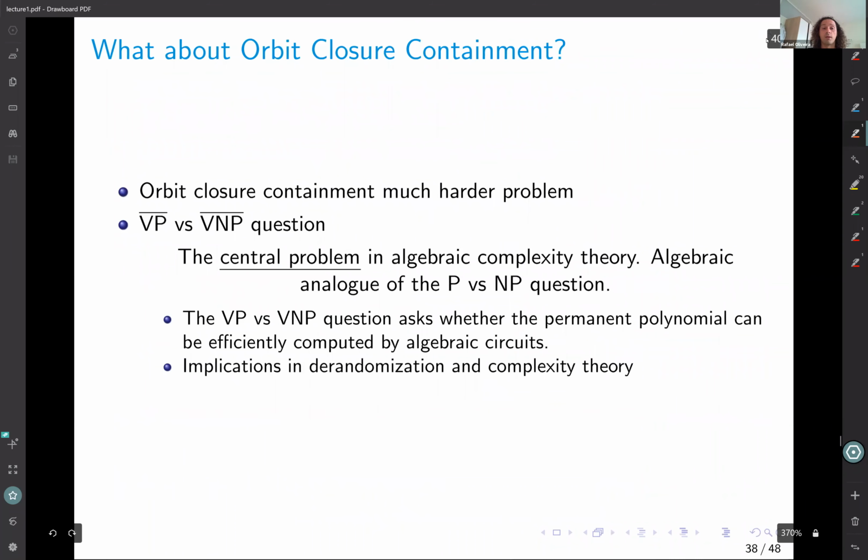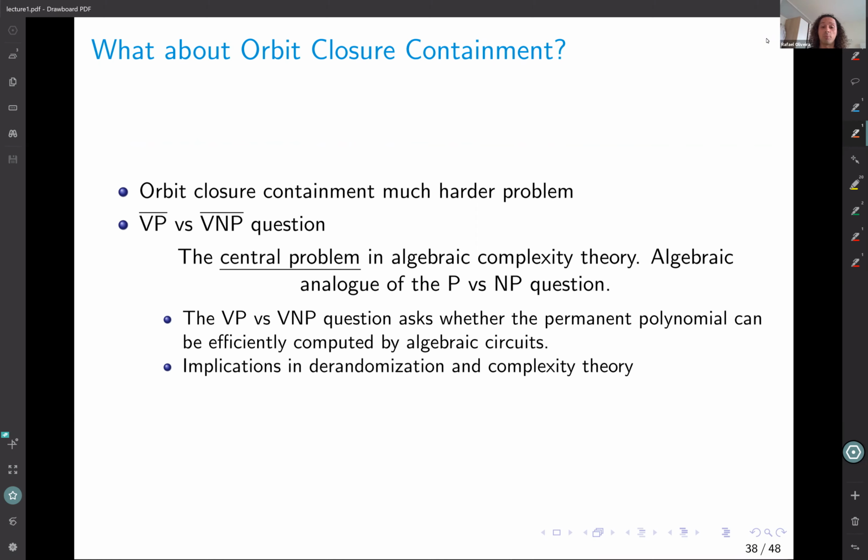Now we saw the orbit closure intersection problems, and you may ask, what about orbit closure containment? Orbit closure containment seems to be a much harder problem. In particular, the central problem in algebraic complexity theory can be formulated this way, which is the VP versus VNP question. This is the algebraic analog of the P versus NP question.